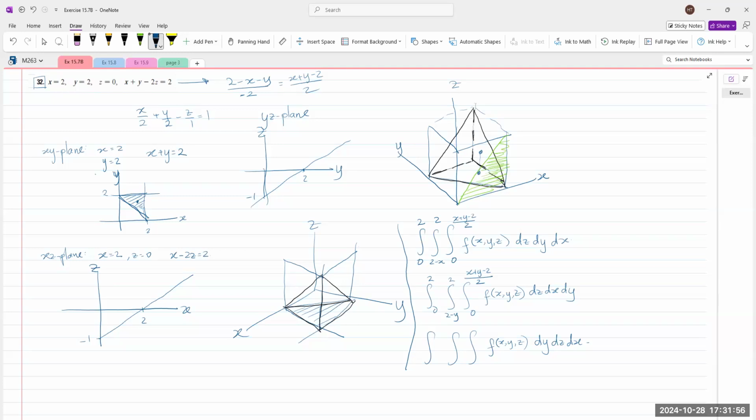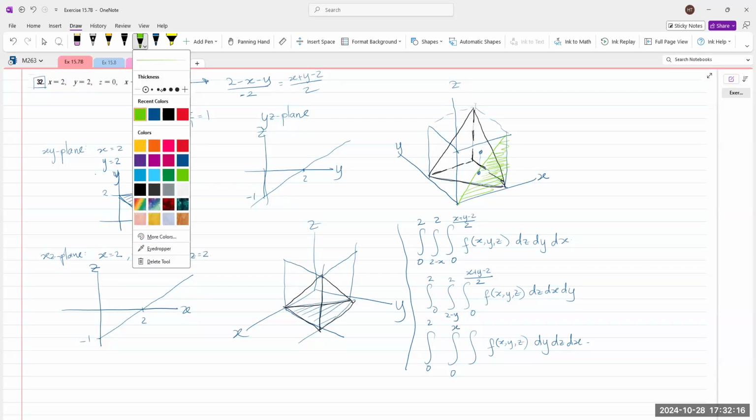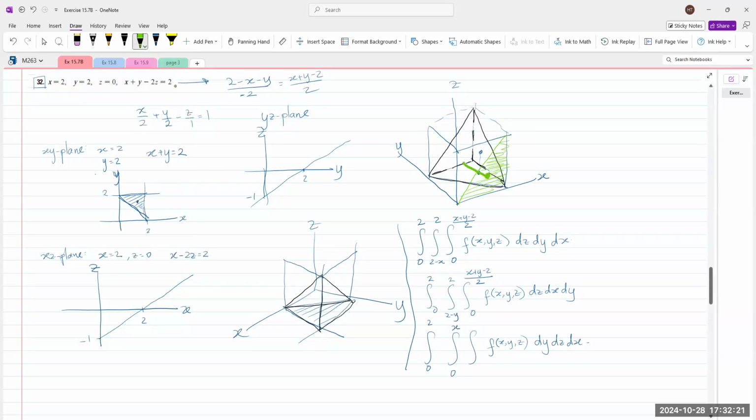So x will be from 0 to 2. How about the y? The y will be from 0 to x, right? Is it right? But then for every coordinate I choose from that xz plane, it will go into the solid at the plane x plus y minus 2z equals 2, and then get out at y equals 2.